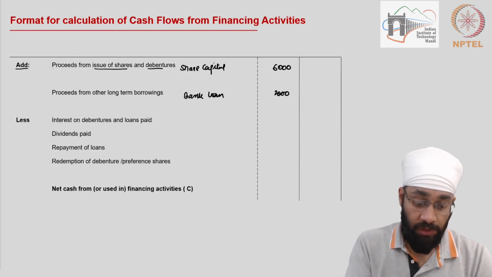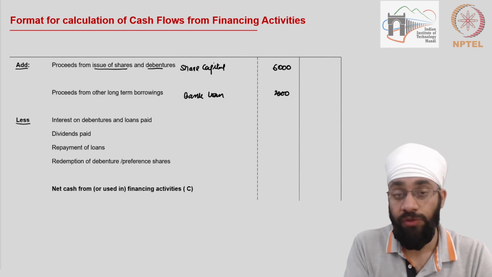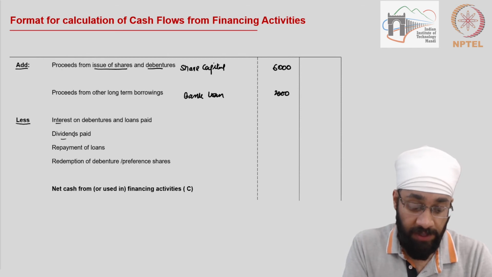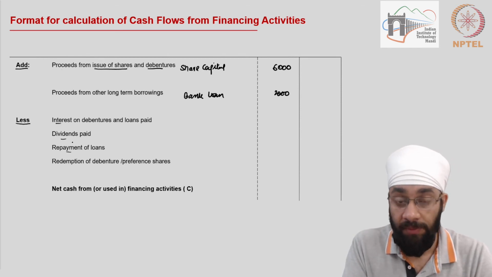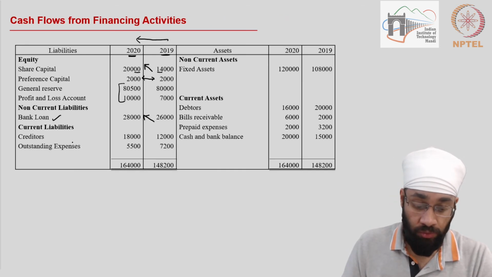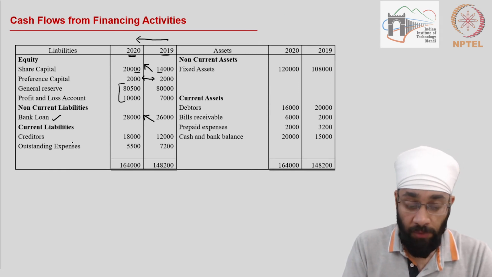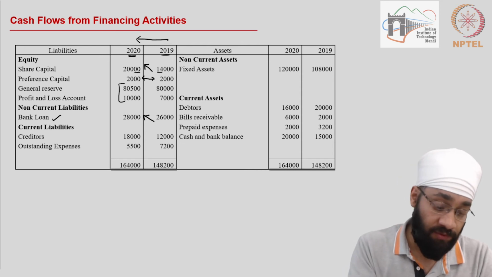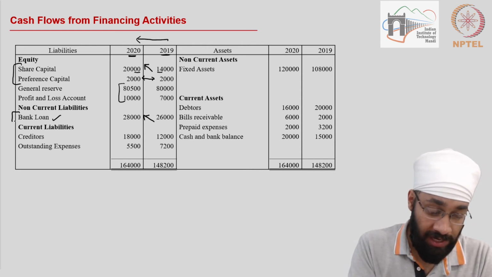Now we have to look at the outflows from financing activities. Have we paid interest, have we paid dividends, any repayments of loans. Let's look through the balance sheet first. From the balance sheet, whatever was relevant, we have already used that information. So these two and bank loan.